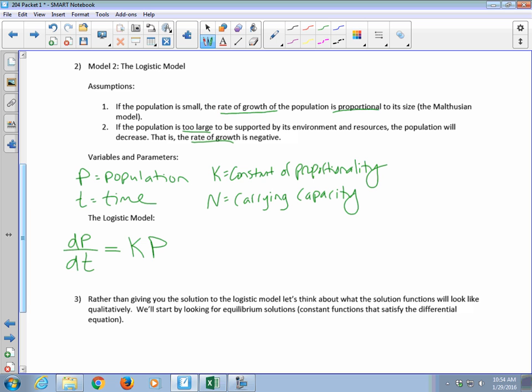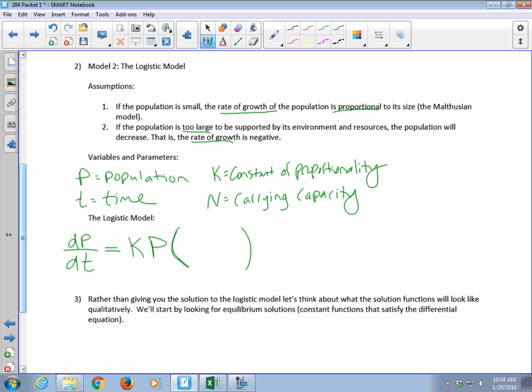But then we have to adjust this model a little bit to make the rate of growth become negative if the population is too big. So k times P, assuming k is a positive number, k times P is going to be positive, right? All right, so I'm going to multiply by something. So I'm just going to put something in parentheses here.